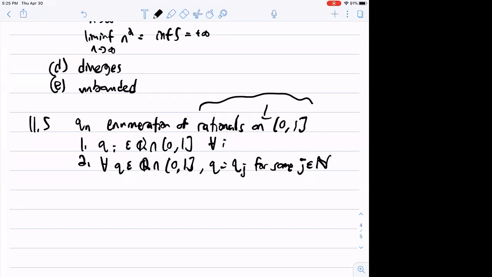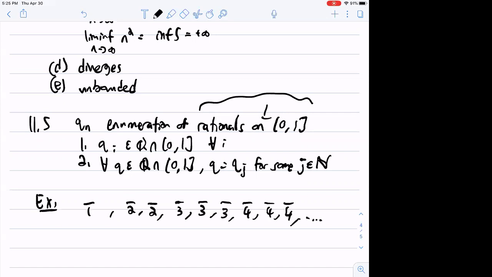So an example, I could show you. How do you get all rationals on 0, 1? Well, you consider denominator 1, denominator 2, denominator 3, denominator 4, and so on.